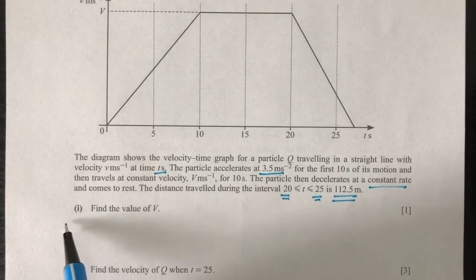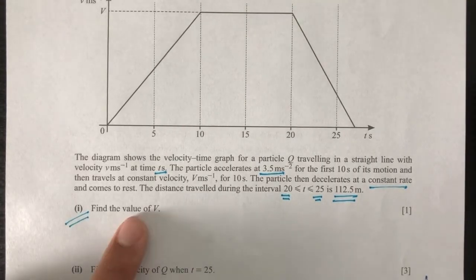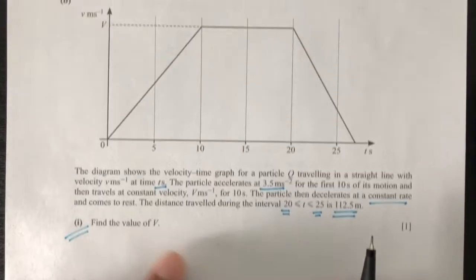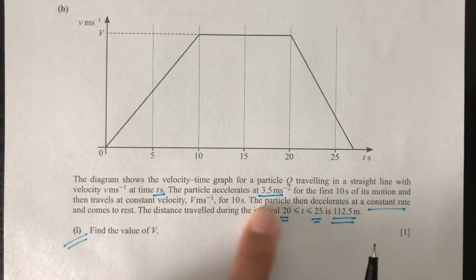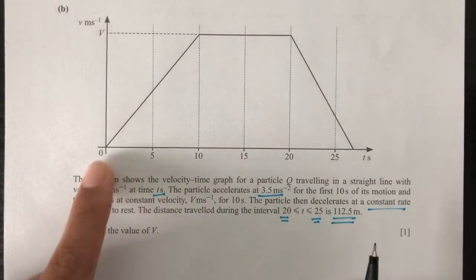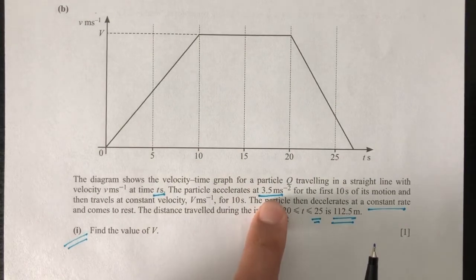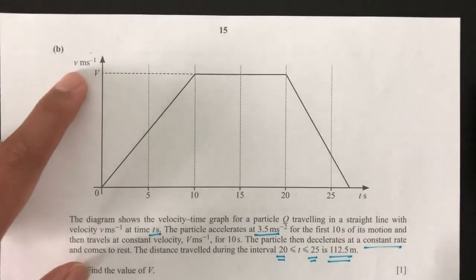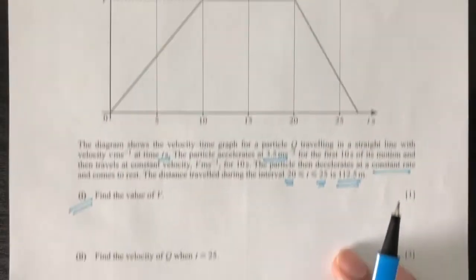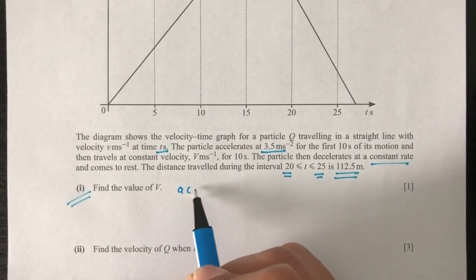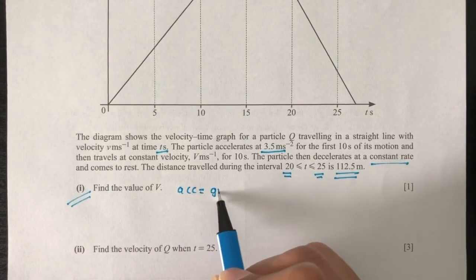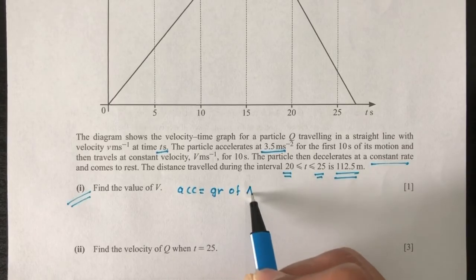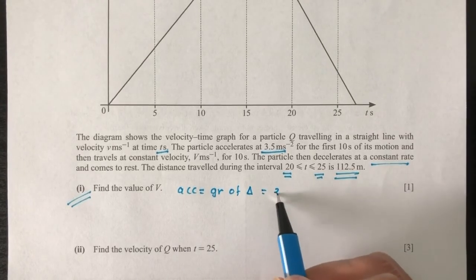So now part 1, find the value of v. We can find the value of v by using this first information. It says the acceleration for the first 10 seconds is equal to 3.5. As you know already, if you have a speed time graph, the acceleration is equal to the gradient, which is equal to 3.5.